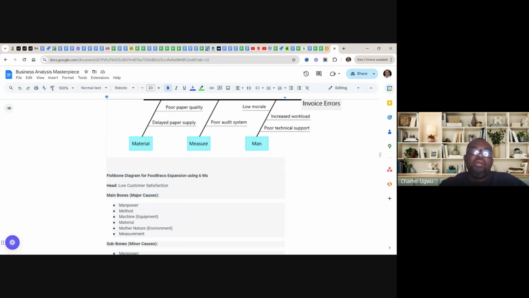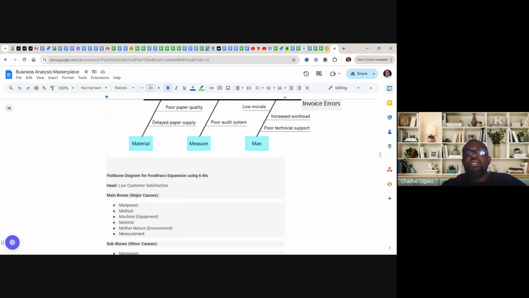And you see here is low customer satisfaction. That is the problem. And then the main causes of the problem are captured as manpower. These are factors that can contribute to the cause. It can come as manpower, as the method, as machine or equipment, as material, as an environmental factor, which is mother nature. We call it mother nature under the M's. Another one is measurement.